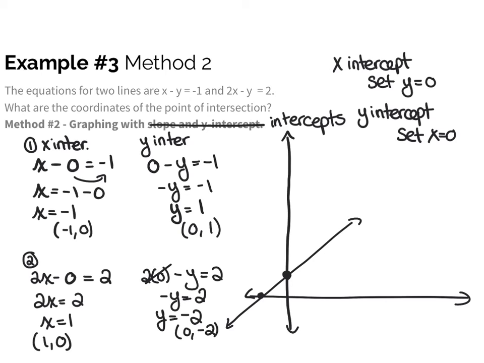So those are our other points. So 0, -2, which is down here, and 1, 0, which is up here. And then we'll just connect those. And you see there is our intersection point, which is the same as the one up above in the previous slide.